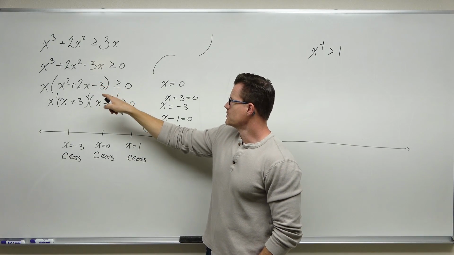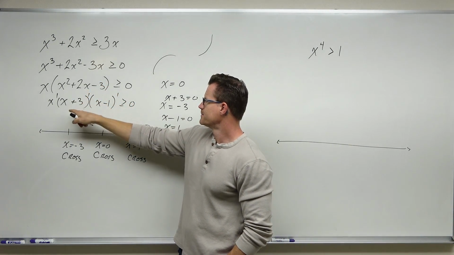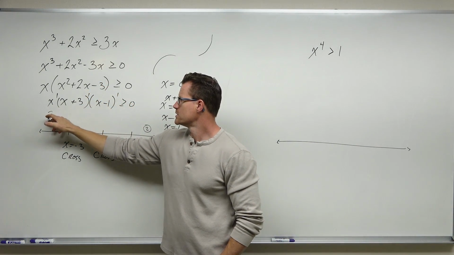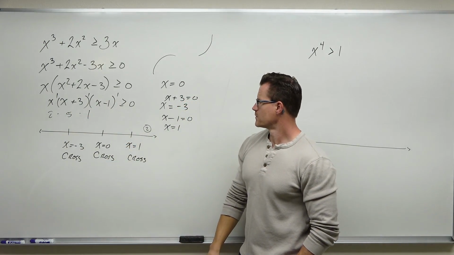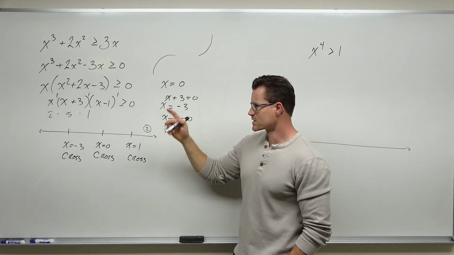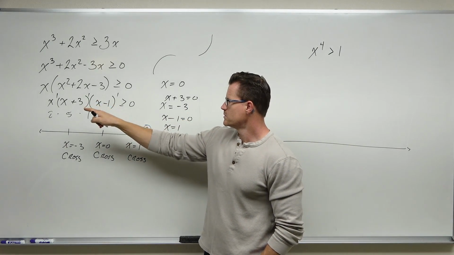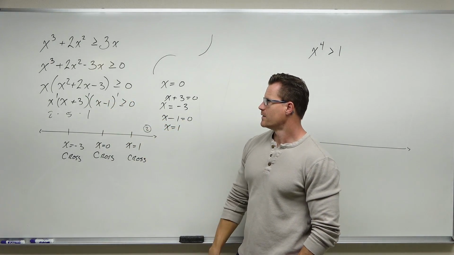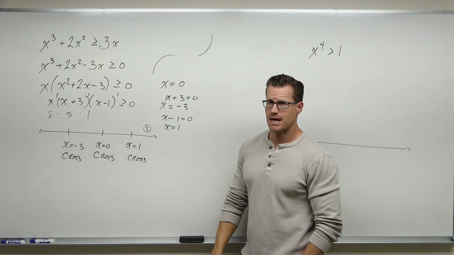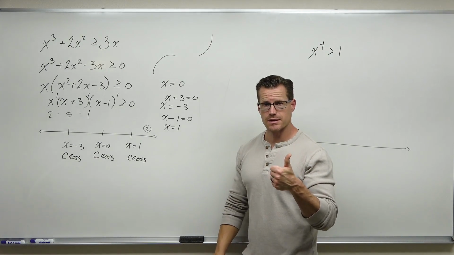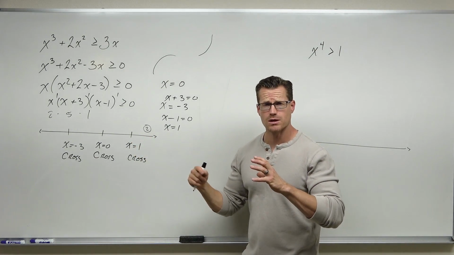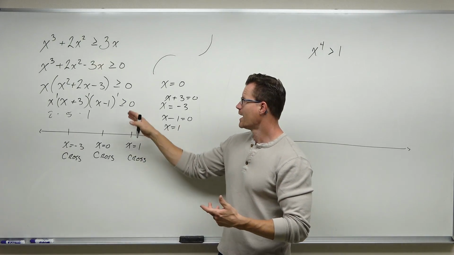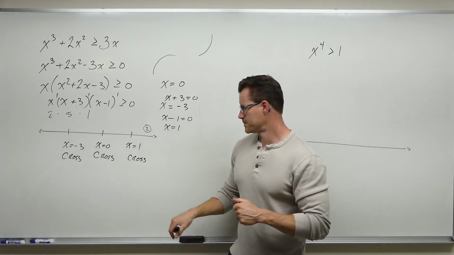So plug in 2, and we go, all right, probably here would be okay. 2 times 5 times 1. Plug in 2, not 1, it's going to give a 0. We'll plug in 2. 2, 5, and 1. That's going to give us 10. Is 10 greater than 0? Yes, that's great. So that says that every input from 1 to infinity is going to give us a positive output, and that's exactly what we are asking for.